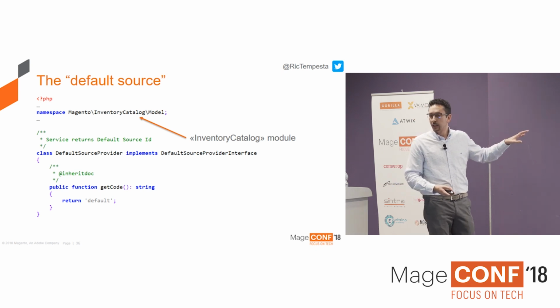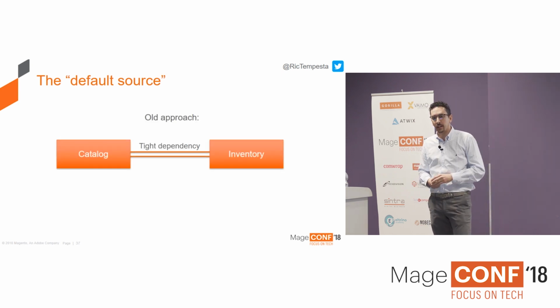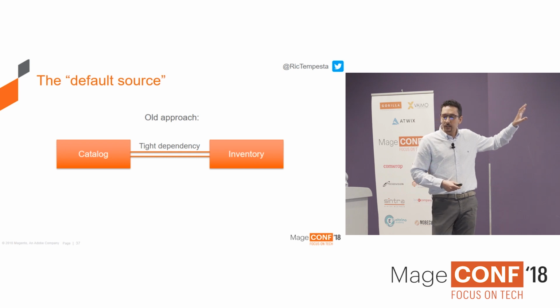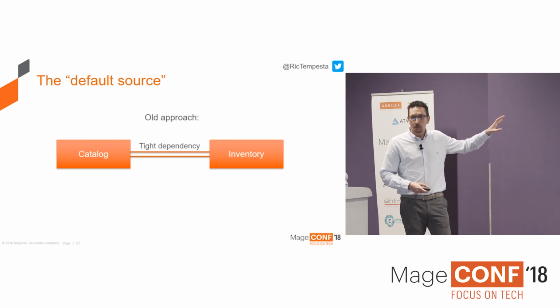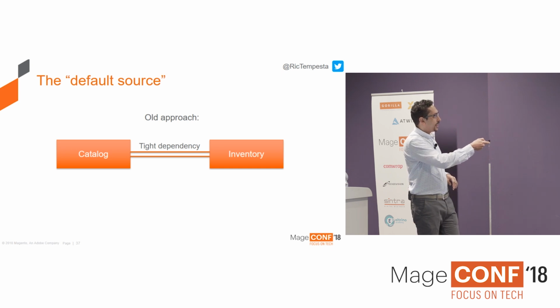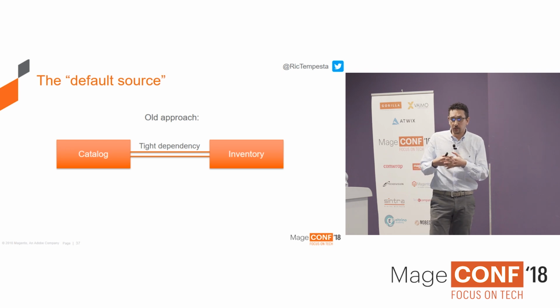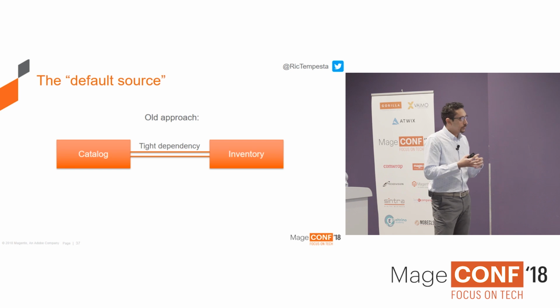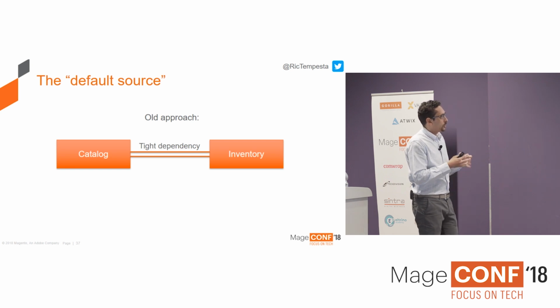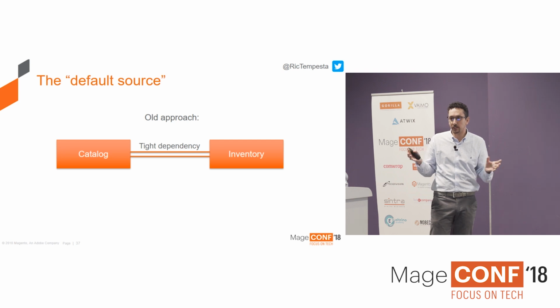Then I understood that there was a problem behind, because in the previous approach, you had a tight dependency between two modules. So basically, if you wanted to add that information in catalog, they were tightly dependent. And it is not good, actually, because in the current Magento implementation, you have the catalog that is a kind of God module that handles everything.